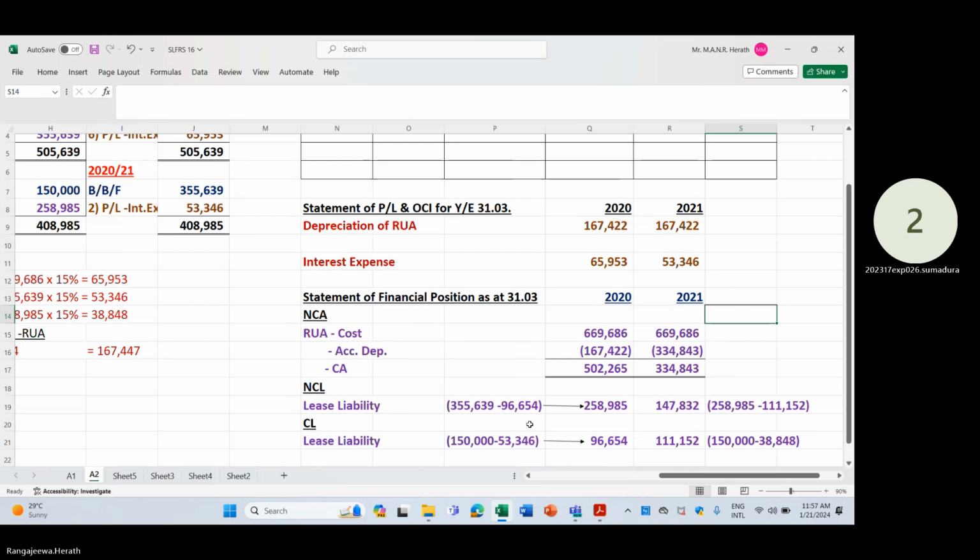Right? මේ මම මේ පැත්තේ පෙන්නලා තියෙන්නේ 2020 liability එක බෙදපු හැටි. මේ තියෙන 2021. Right? So always next year payment you have to find. So the installment minus interest for the next year. That is the repayment of liability. That is the current portion.